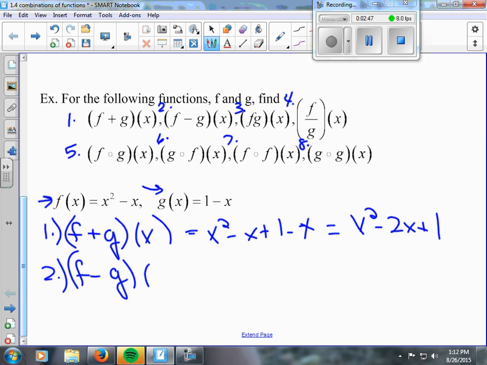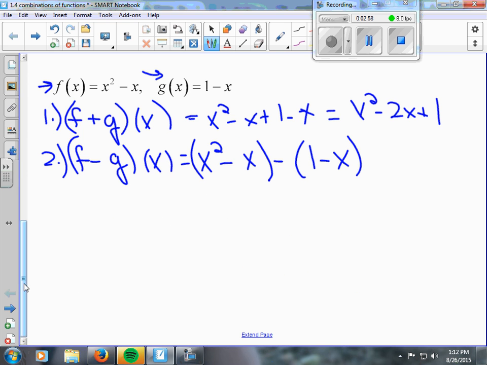I'm going to take one function and subtract the other function. This is also simple as long as you remember the very important thing of distributing the negative. We subtract the entirety of g of x, all of g of x, not just its first term. Every term of g of x gets subtracted. So my minus x is canceled because I have a minus x minus a minus x.